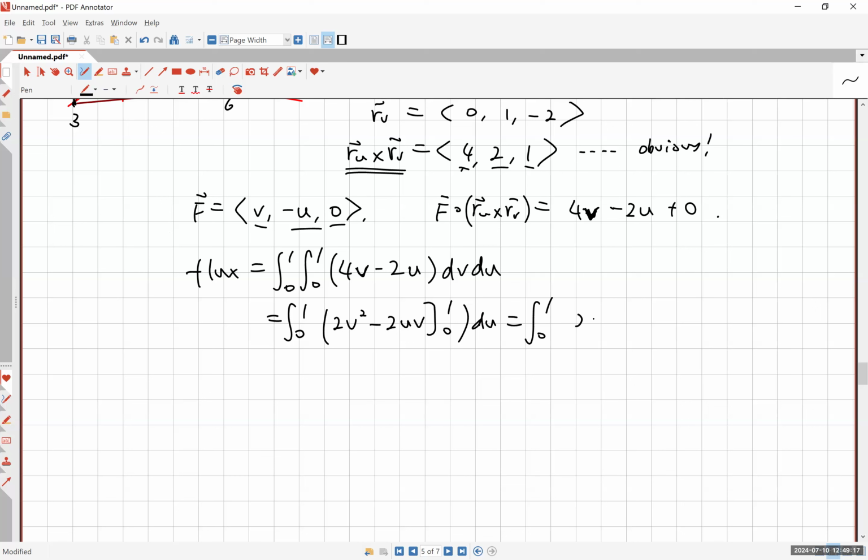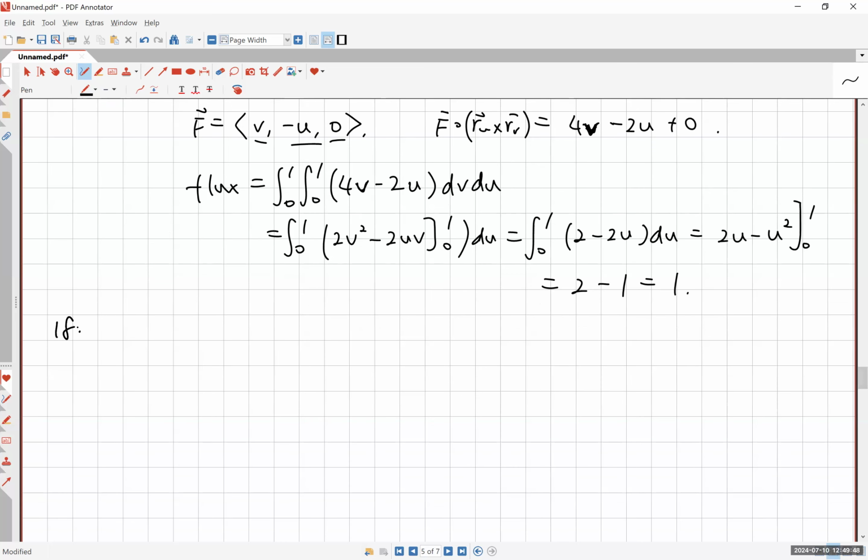So that's 2 minus 2u du, and that's 2u minus u squared going from 0 to 1. You get 2 minus 1, and that's just 1. And that is the flux of F through the portion of the surface S over the square region. Okay, so that's number 17.